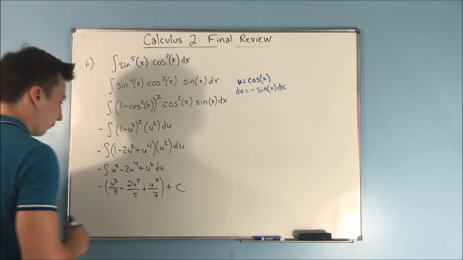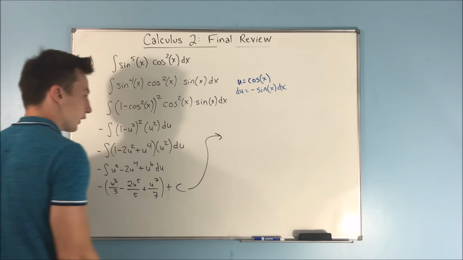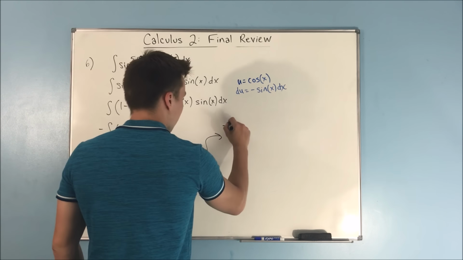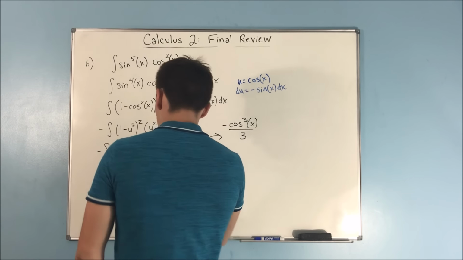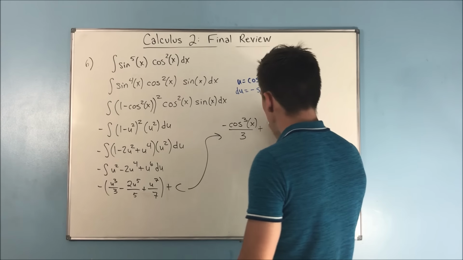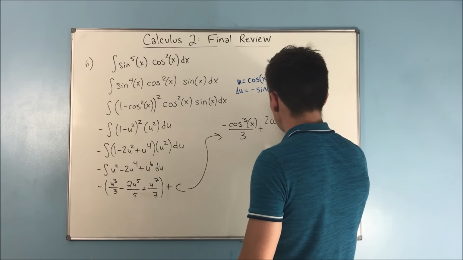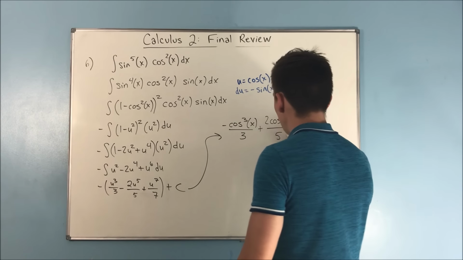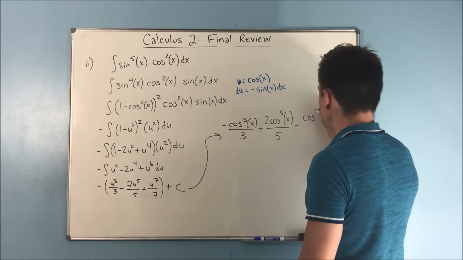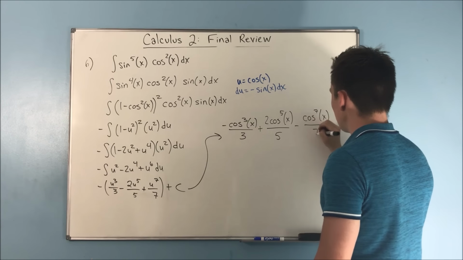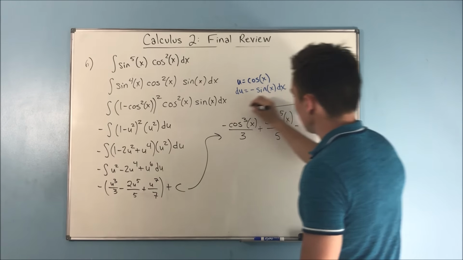That's what we substitute in. So this is going to equal negative cosine cubed of x over 3 plus 2 cosine to the fifth of x over 5 minus cosine to the seventh of x over 7, and then we're going to add c. There you go.